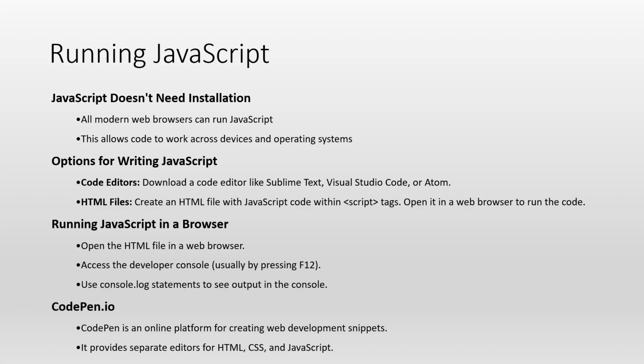We will run the JavaScript inside our browsers. I am talking about the front end part, not the back end part. In the front end, with the help of browsers, we can run JavaScript. There is no need of installing any Node.js environment or anything to run front end code.